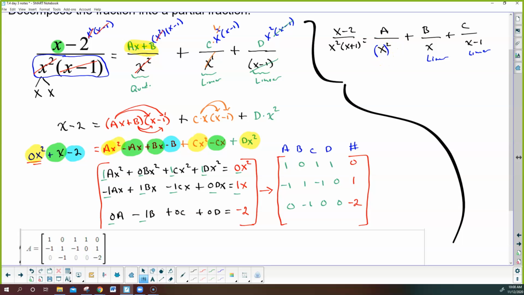But if I put parentheses around it, what's on the innermost part is linear. If it looked like this, then this part would be quadratic. And since it was just a single x right here, I should have only put an A. And that definitely changes the amount of work that I had to do here.